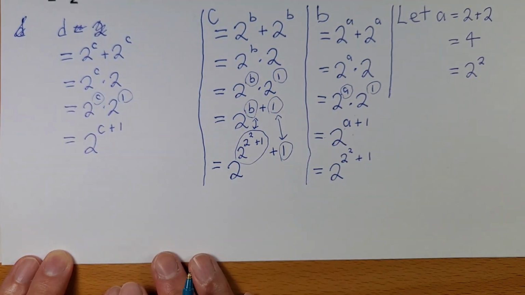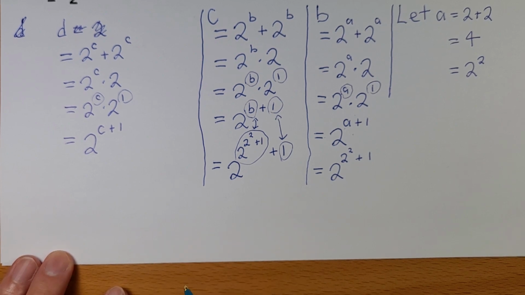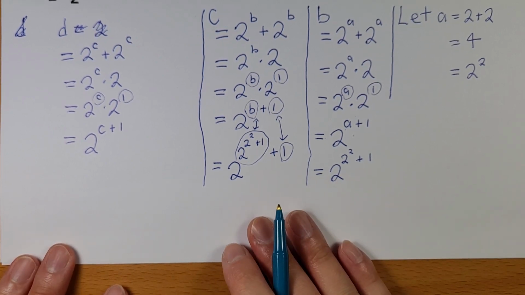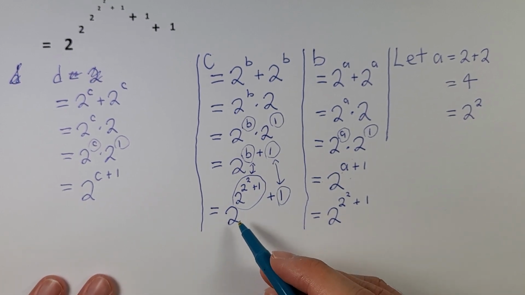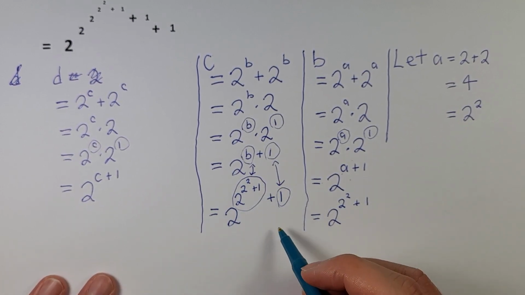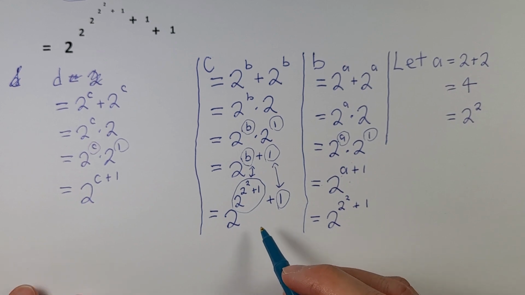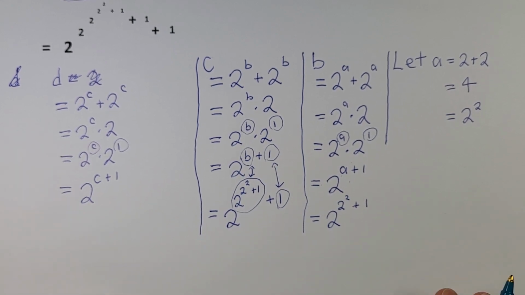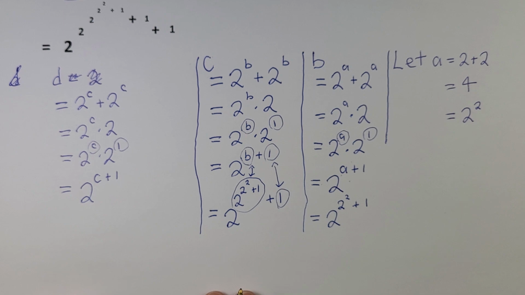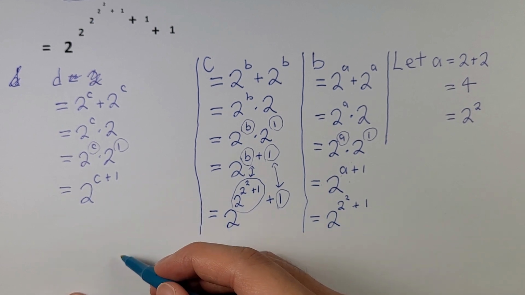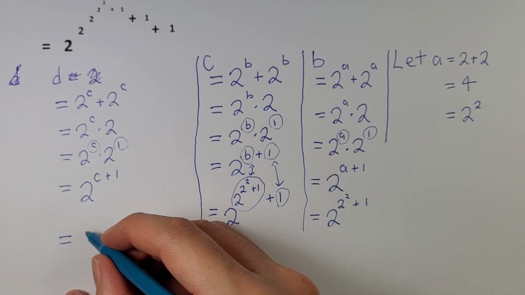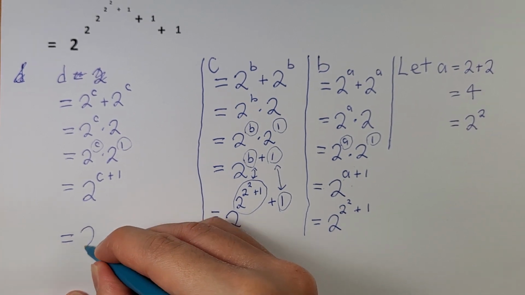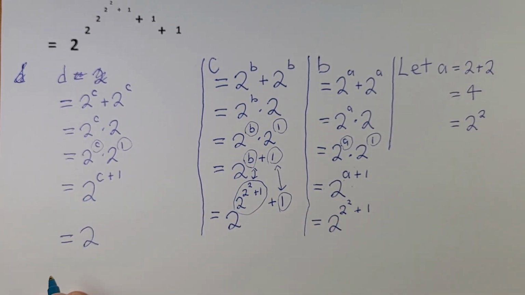Now, the last step will be making the last substitution. Notice here that c equals this number here. So I'm going to write this down here as my answer: this big number here.